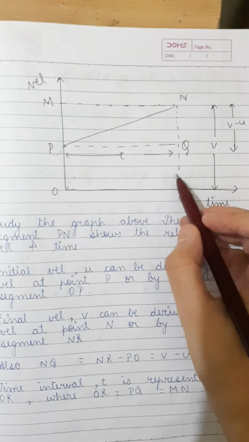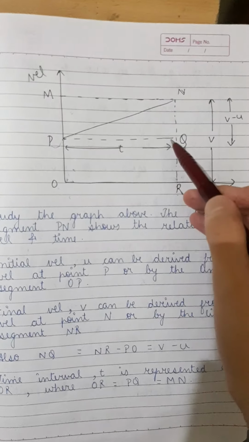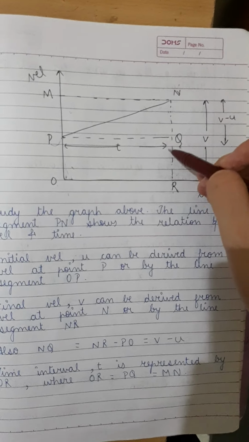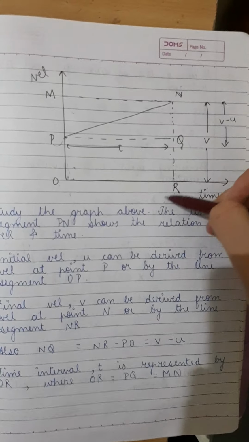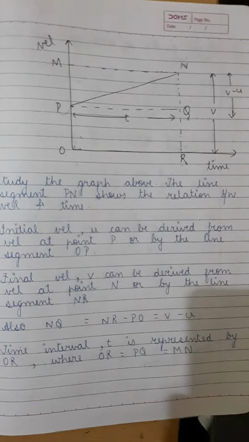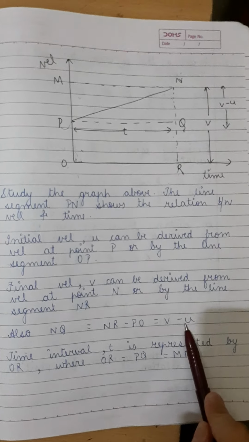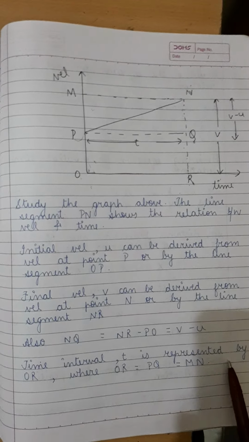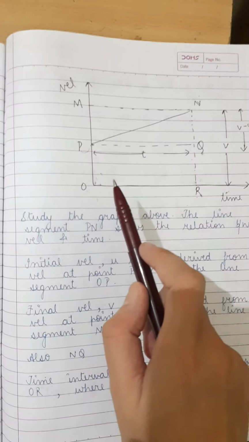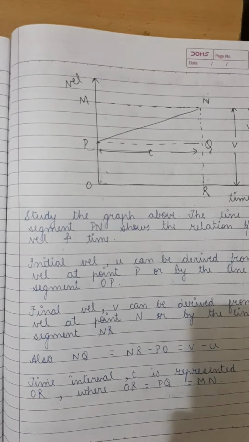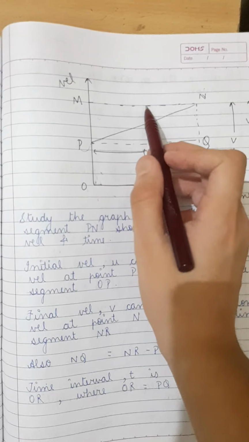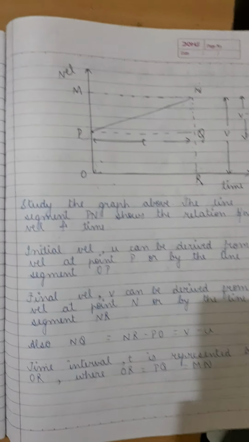As OP and QR are equal, the value of QR will be u and that of NR is v. NQ can be found by subtracting QR from NR. So NQ will be equal to v minus u. And the time interval is represented by OR, which is t. And the values of OR, PQ and MN are equal, and that is t.